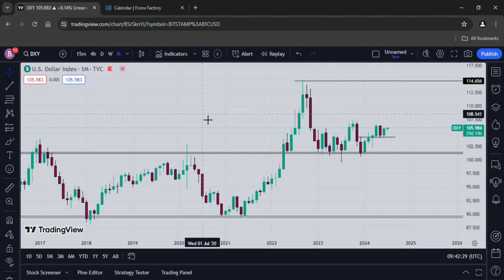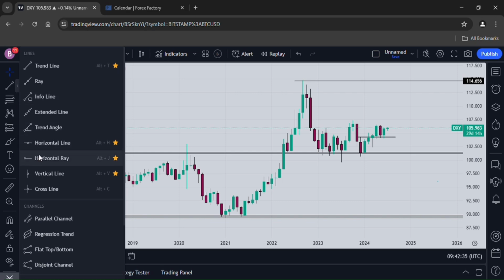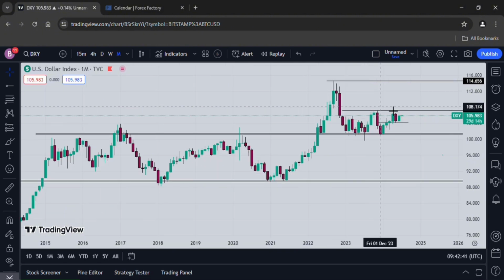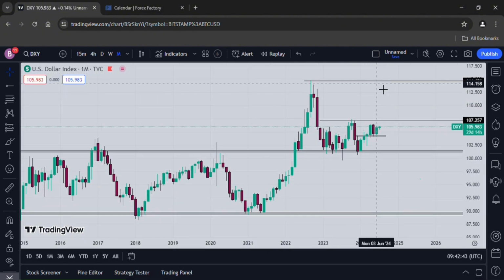Then another question is, where do you think the market is trying to head to? Looking at the charts, the nearest place the market is trying to head to is this minor zone here, before it gets to this one over here, but this one is still very, very far off. This might even take up to 6 months or even a year before the market can get to this zone.